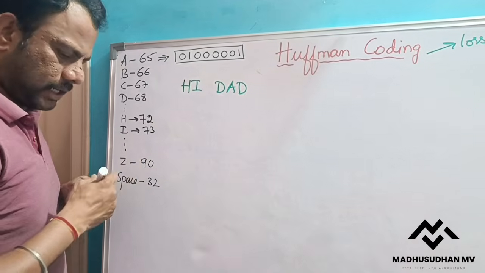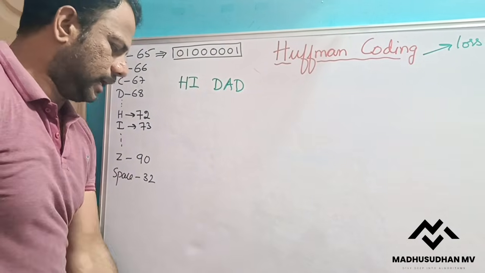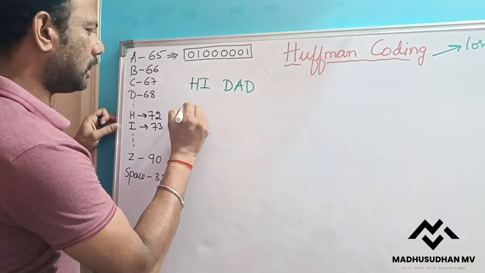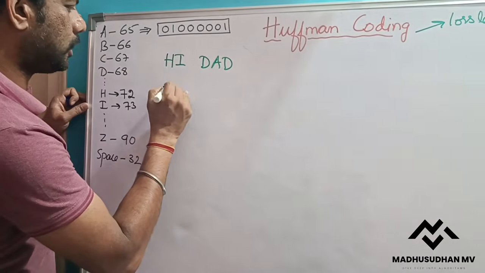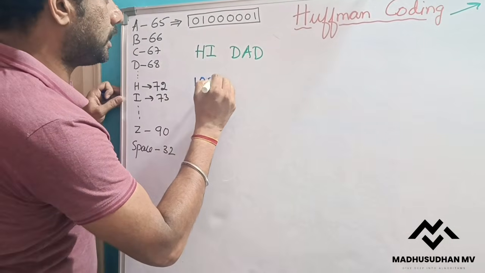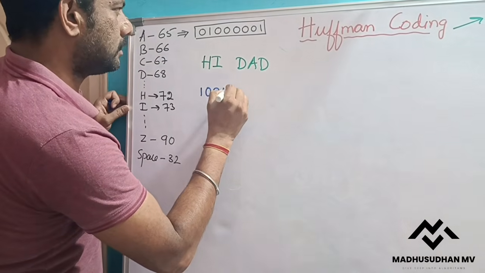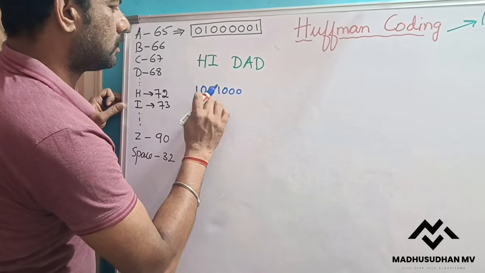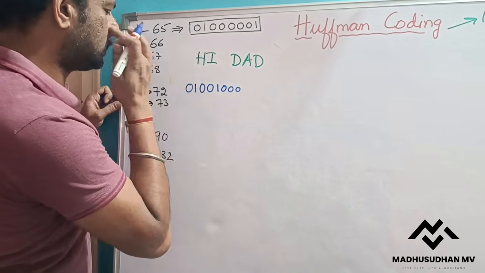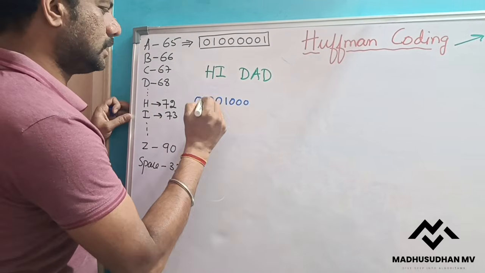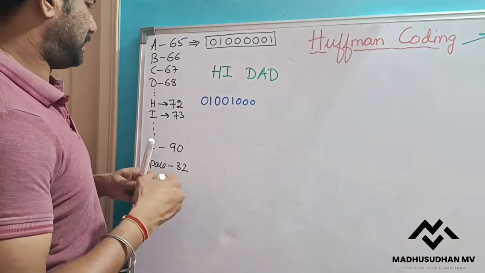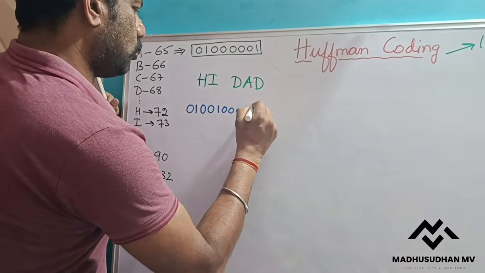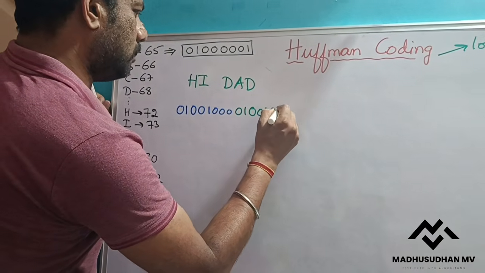For H, the value is 72. That means 64, 32, 16, 8, then the remaining are zeros. Okay, this is H. Then I: for I, it is 73, so there is 0, 1, 0, 0, 1, 0, 0, 1.